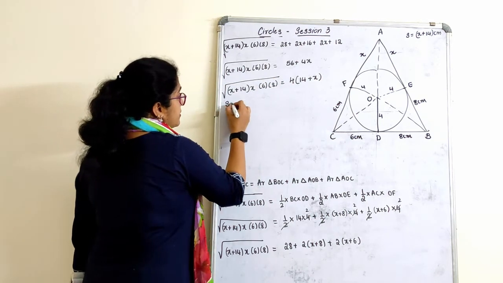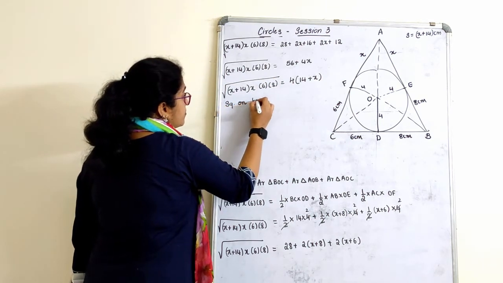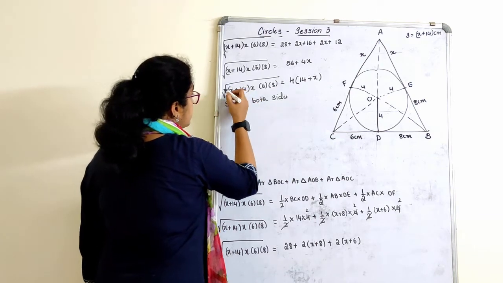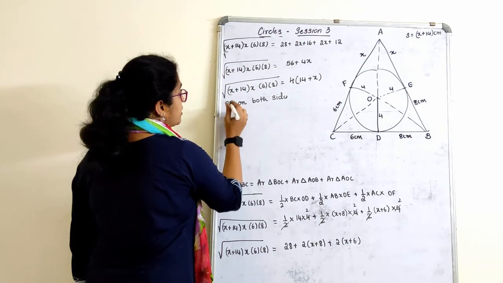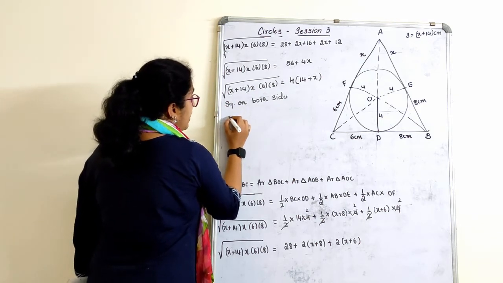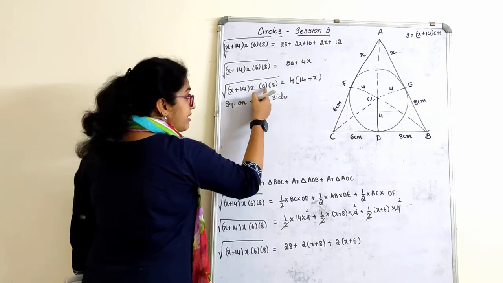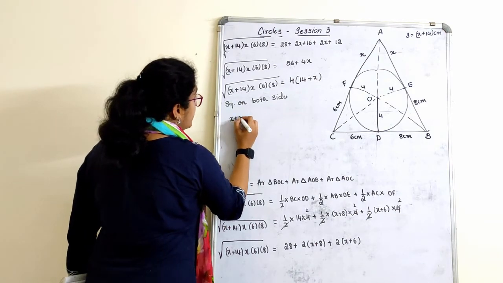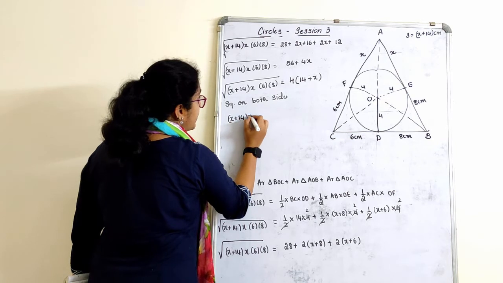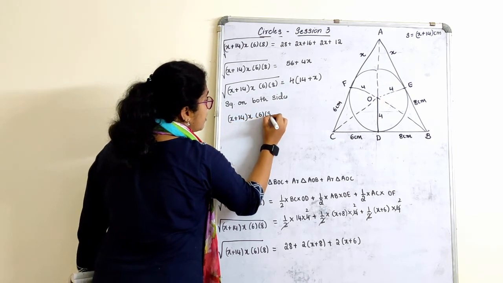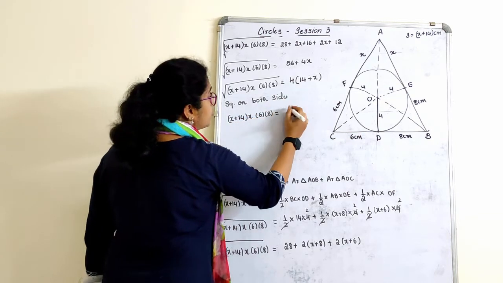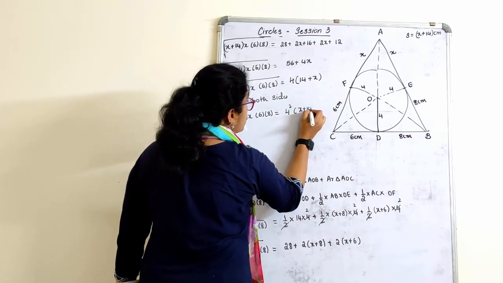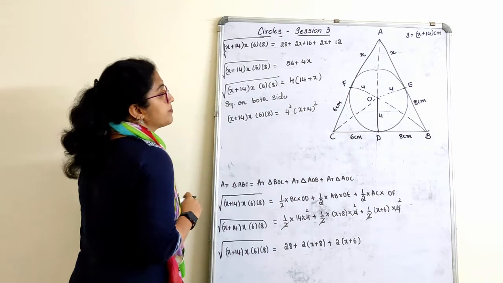squaring on both sides. The root and square will get cancelled here when we square it. So what we have here? We will have here as, I will keep this as it is because I can cancel few terms later. X plus 14 of x of 6 of 8 is equal to 4 square plus x plus 14 whole square.